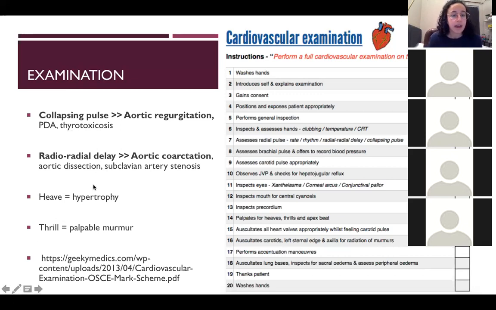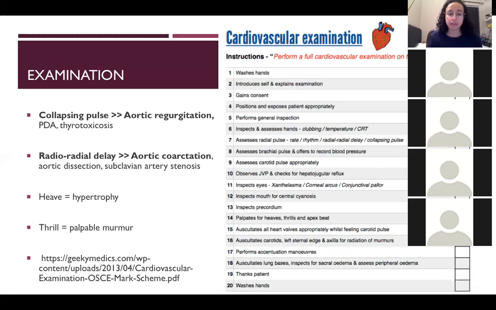Okay, and heaves and thrills. So in an examination, you feel across and then here and then underneath down here for heaves and thrills. A heave is when you can feel the chest banging against your hand, like an exaggerated pulse down here.